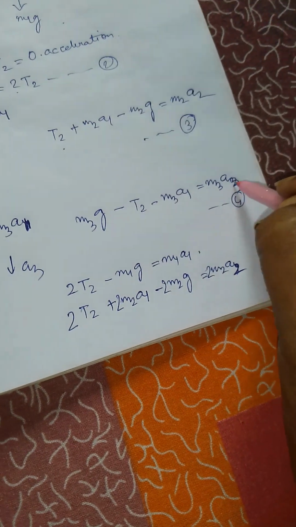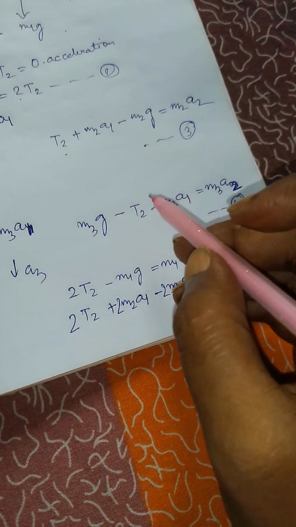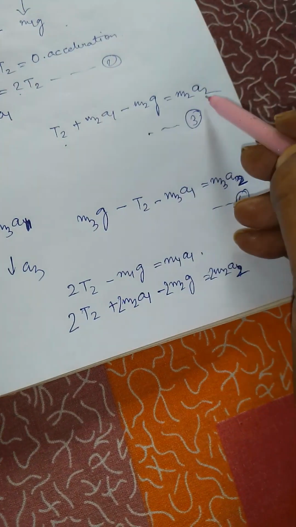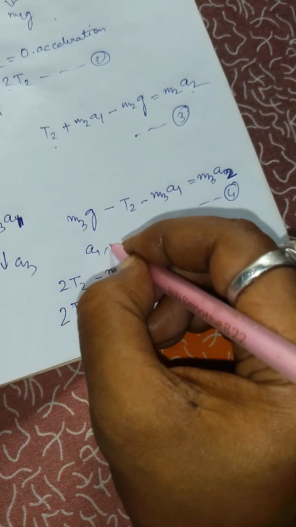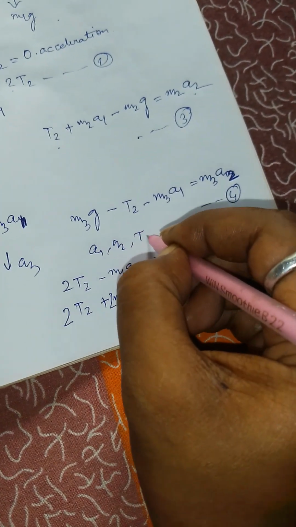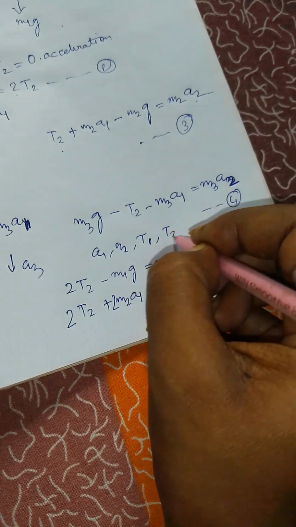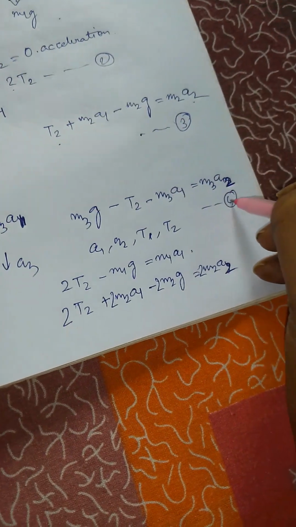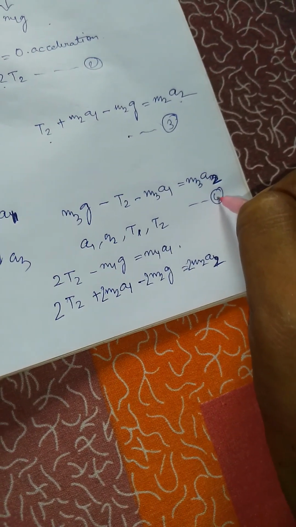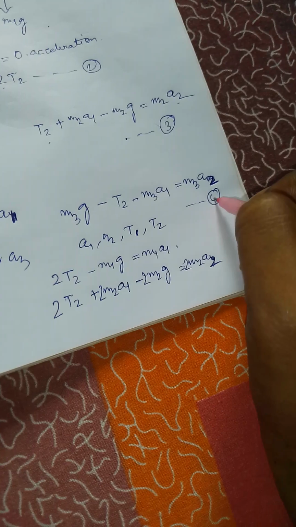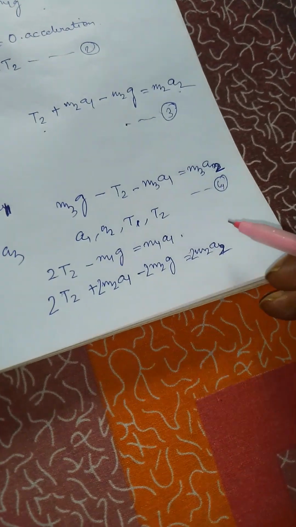So see, we have 4 unknowns: a1, a2, T1, T2, and we have 4 equations, so we can solve. So you can solve the equations and get a1, a2 and so on.